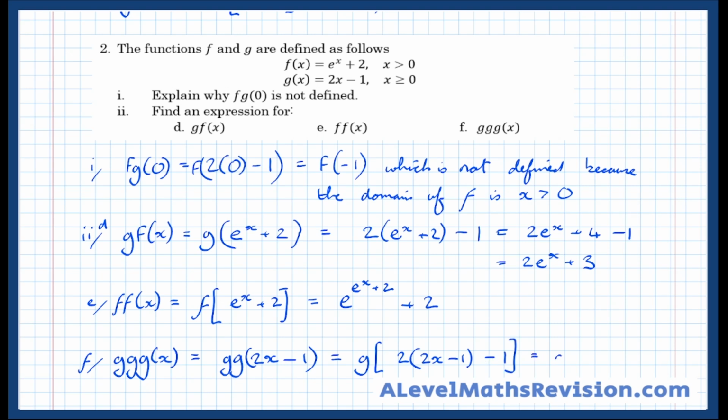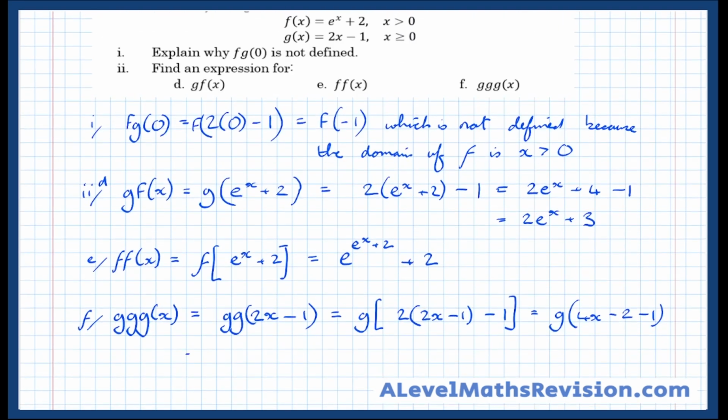And let's simplify that first. So that becomes 4x, take 2, take 1, equals g of 4x, take 3, and then g takes it again, doubles it, then takes 1, which is equal to 8x, take 6, take 1, equals 8x, take 7.